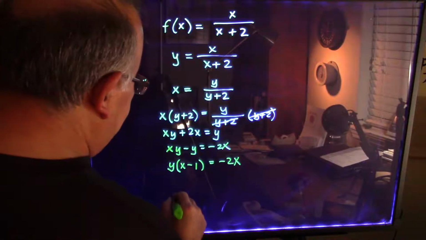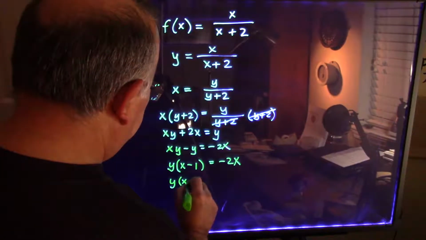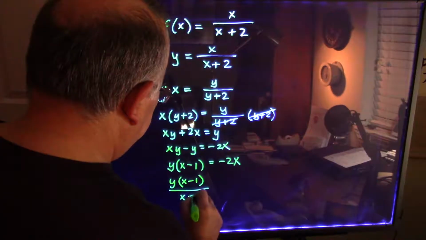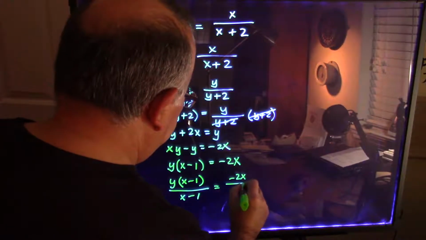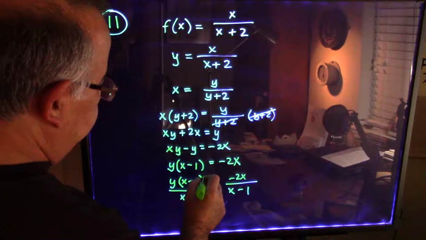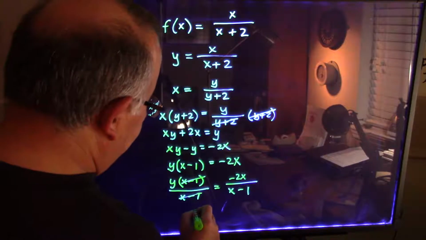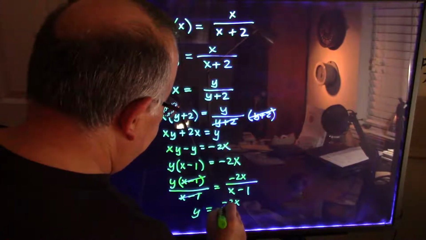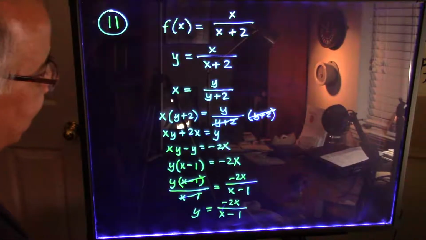Then you divide both sides by x minus 1. And these cancel here and here. So that leaves you with just y. y is equal to negative 2x over x minus 1.